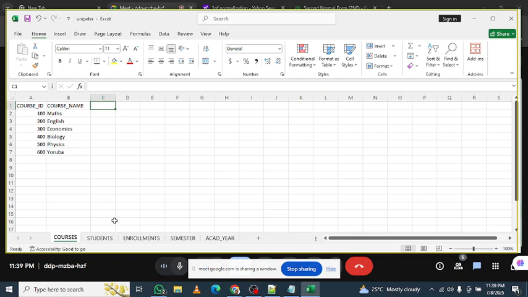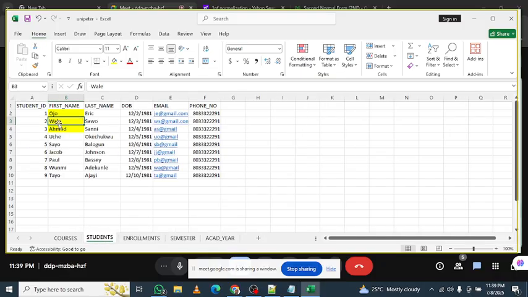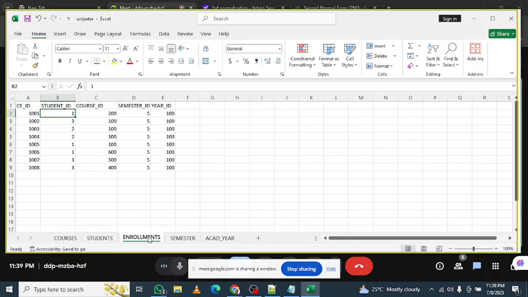So the unit is going to reflect when the student enrolls, for what the student enrolls for. Like this person, student ID 1, Ojo Eric. He enrolled for a course, course ID 200.